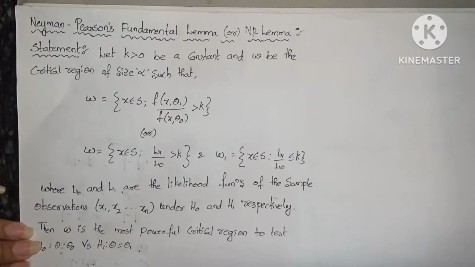So we want to know which drug will work effectively. One set is omega, and the other set of people is called omega dash. Now we want to prove which is most powerful, which will work effectively. In that situation, to know the best, we have to use Neyman-Pearson's fundamental lemma theorem.